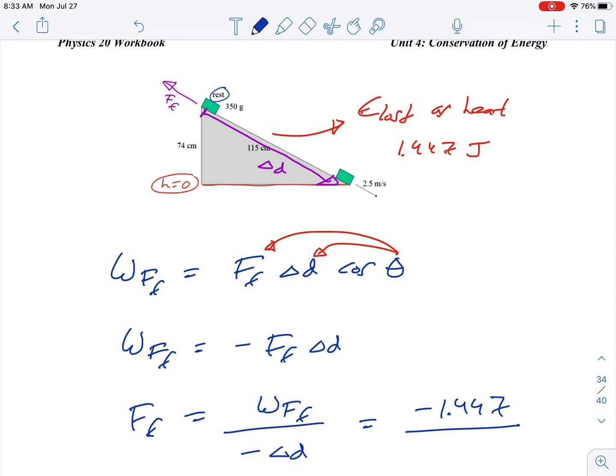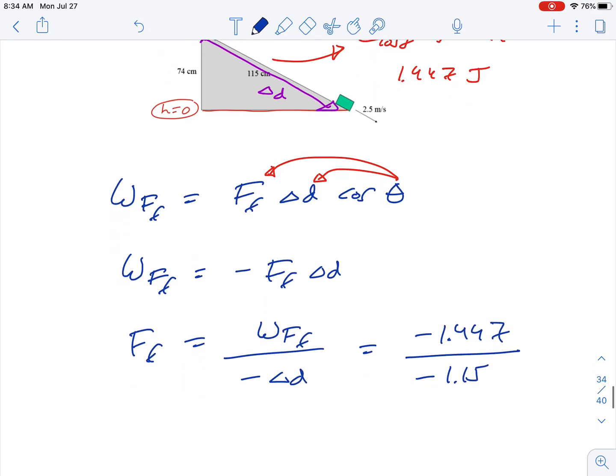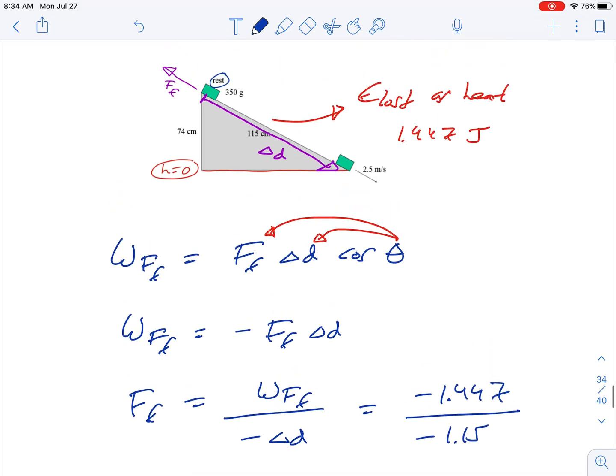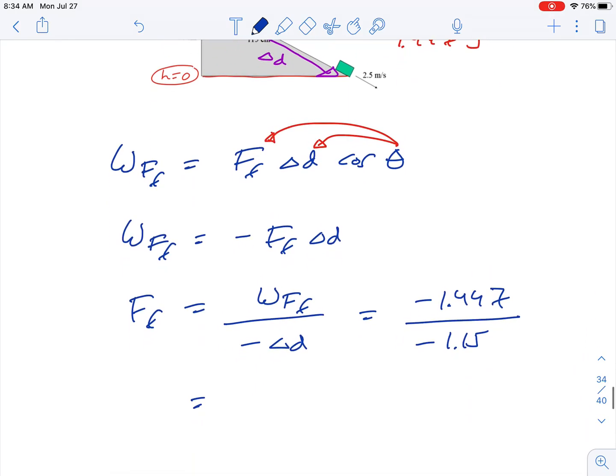Over negative, and the displacement is 1.15 meters. Make sure you use standard units. And sig digs looks like 2, so I get about 1.3 newtons. And that's the magnitude of the average force of friction.